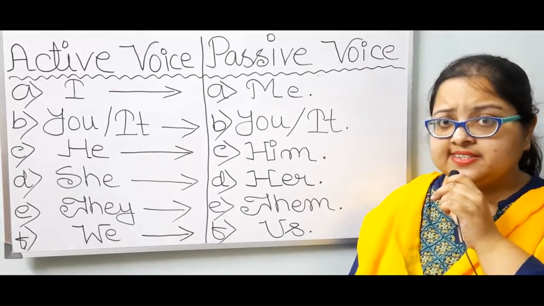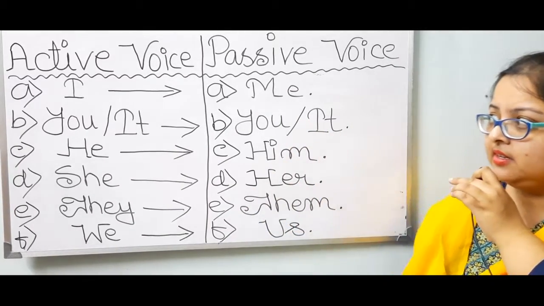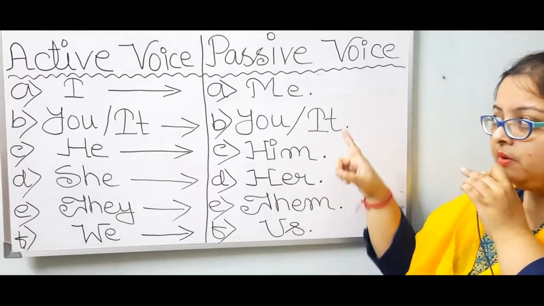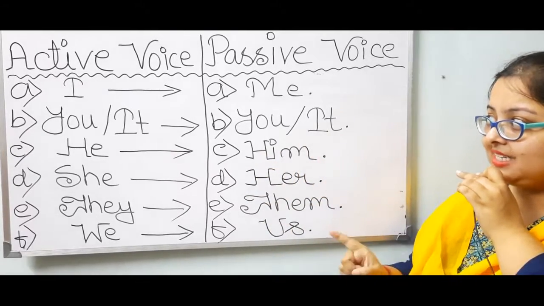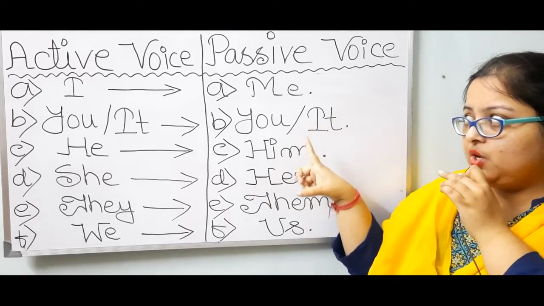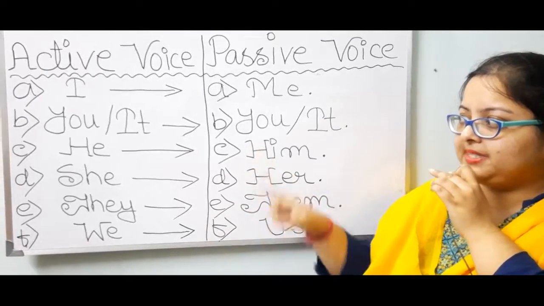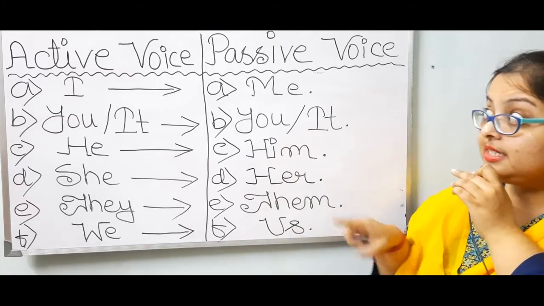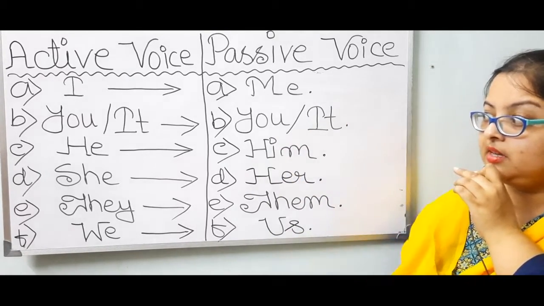While changing a sentence from active to passive voice, number A, I is changed into me. Number B, you or it remains you or it only. Next, number C, he in the active voice turns to him in the passive voice.